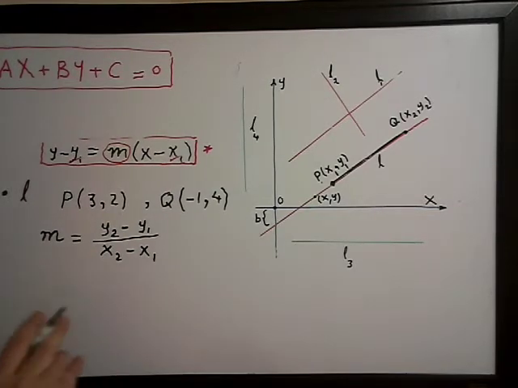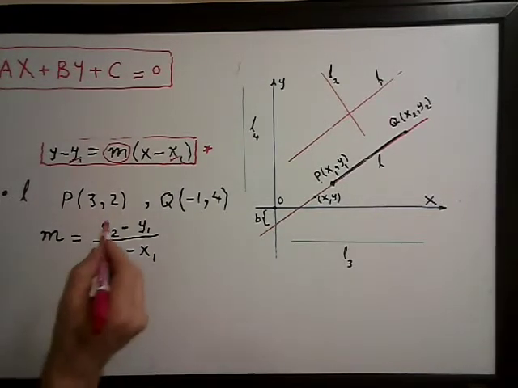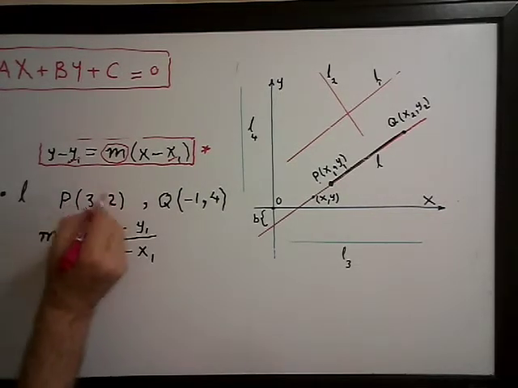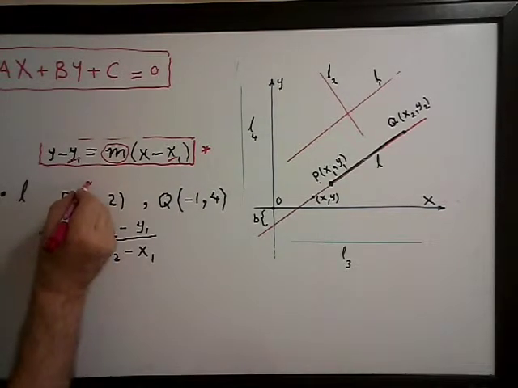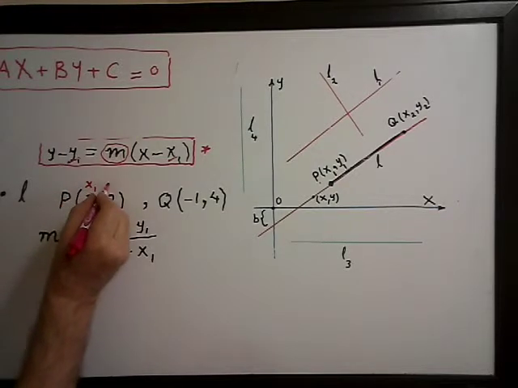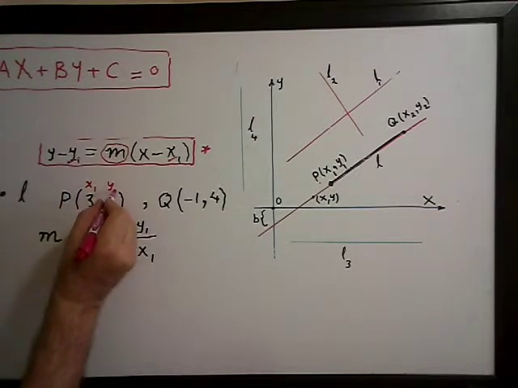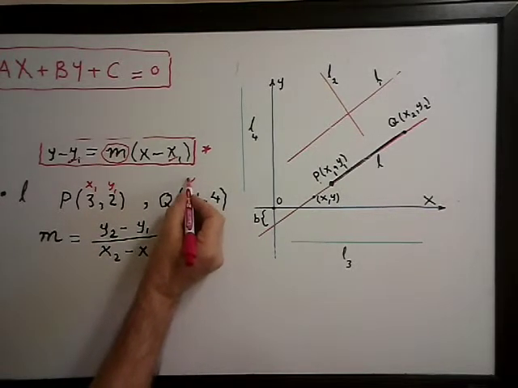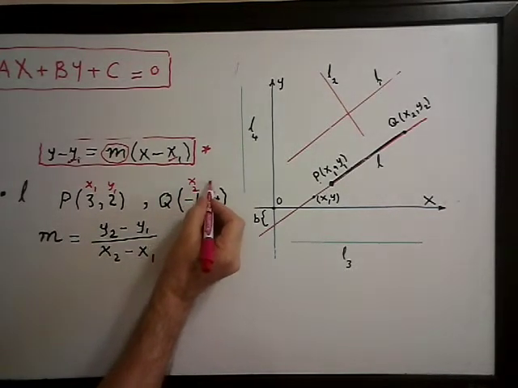And here we can consider any point as x1, y1, like this one. This point is here x1, here is y1. And this point, consider it x2, y2.